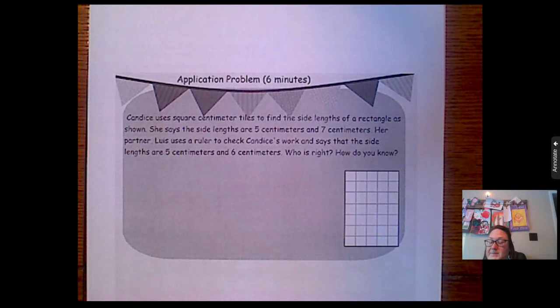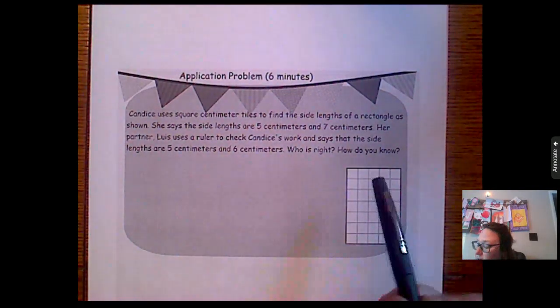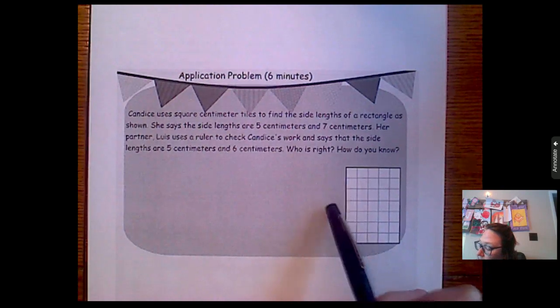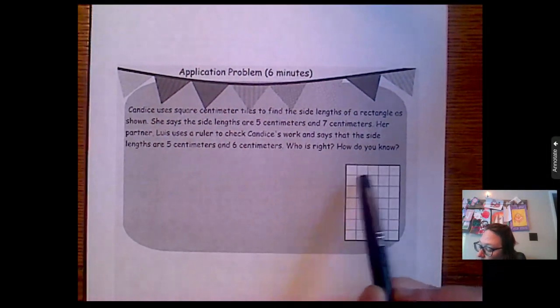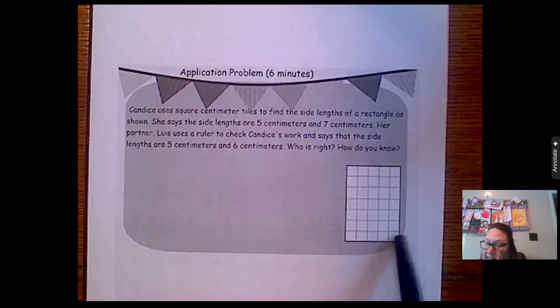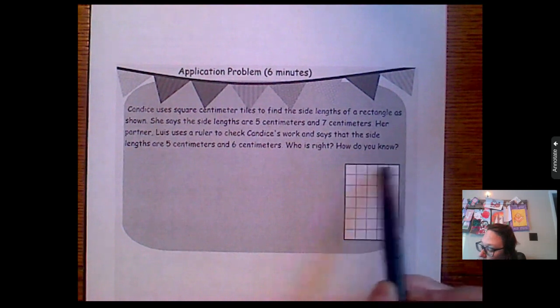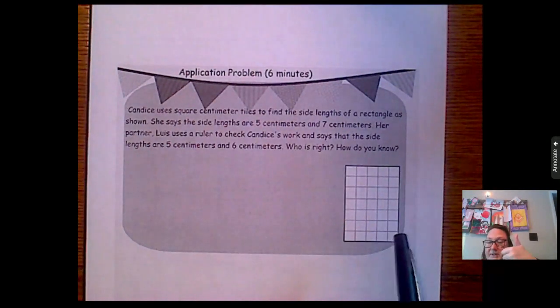What do we think? So I'm going to look. Let's see if we came up with the same thing. So for the side length that I'm going to label right here for how many rows there are, we have 1, 2, 3, 4, 5, 6, 7. I'm going to count one more time to double check. 1, 2, 3, 4, 5, 6, 7. Do you agree? Did you get 7 there too?